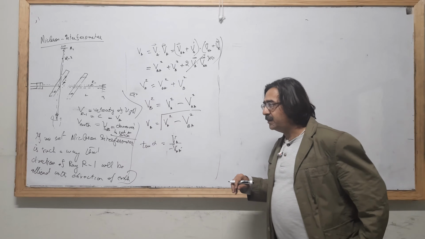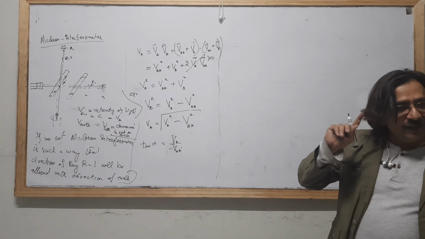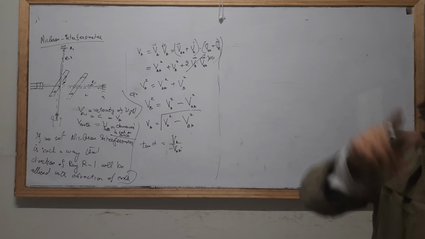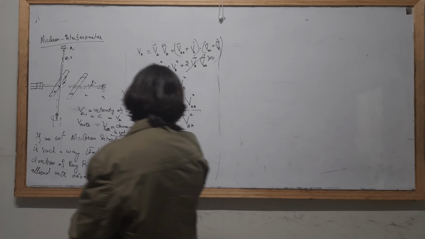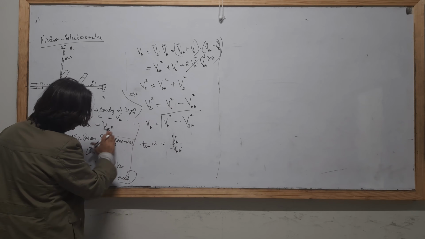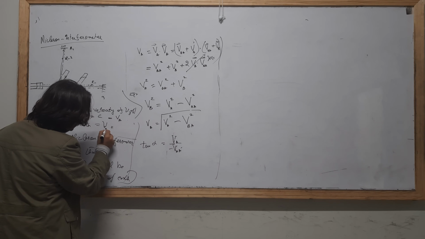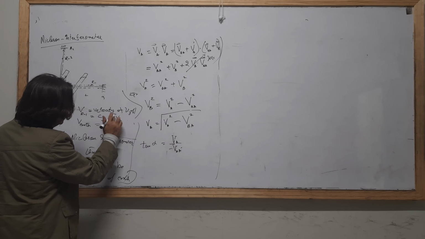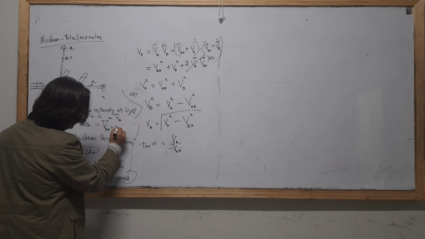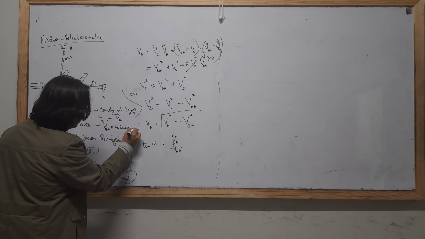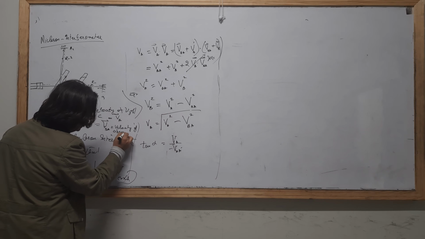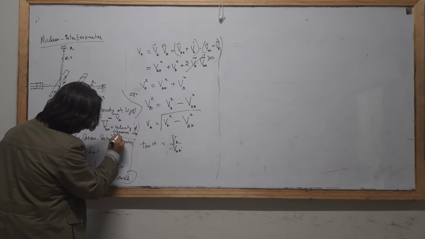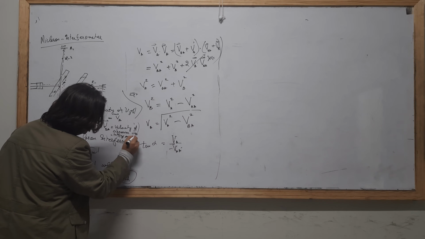No, velocity of Earth is not VB. Sorry, I was wrong. The Earth velocity will be the velocity with respect to the frame at rest. That will be VBA. Velocity of the observer sitting on Earth.